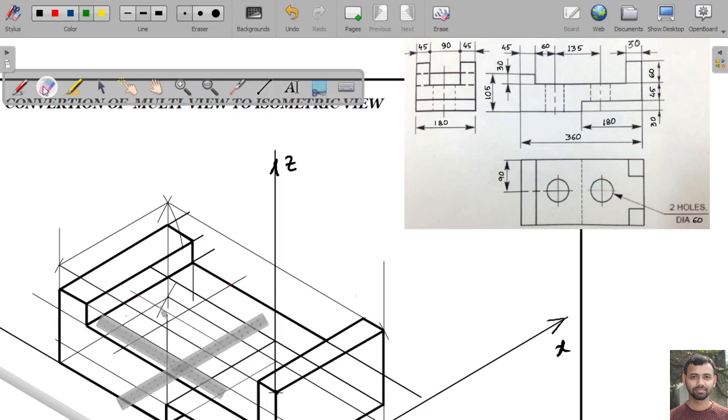So now we are changing the dimension of the diameter of the hole from 60 to around 100 mm. Okay. So the diameter of the hole is 100 mm.